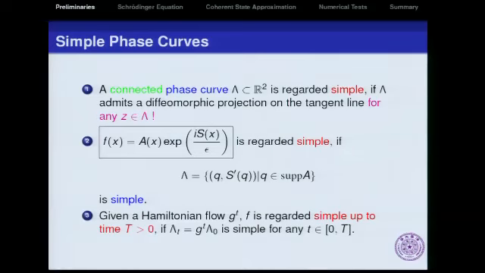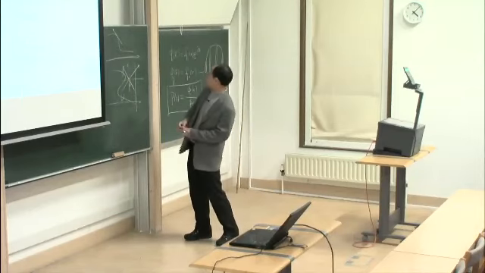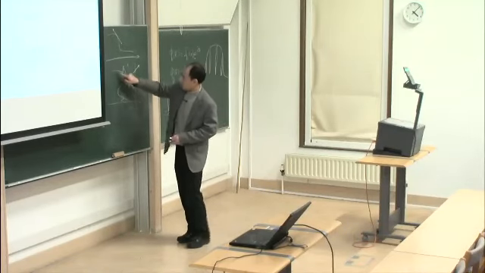The meaning is like this, for any point. Because this is a Lagrangian manifold, you have the tangent plane; in the one-dimensional case, it's a tangent line. Then you project this curve onto this line. If this curve is single-valued when projected onto this line, then I say it's simple. But for some points, this one is not simple. This one is simple, but this one is not simple.